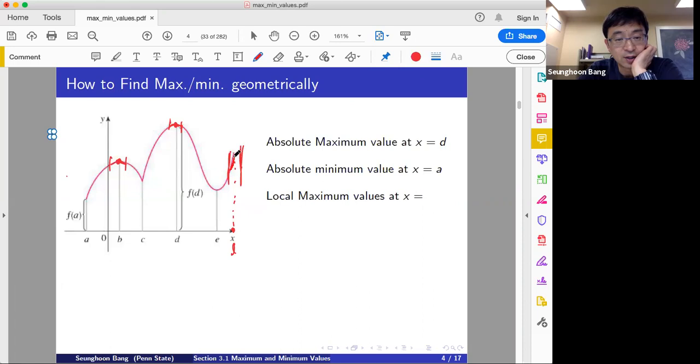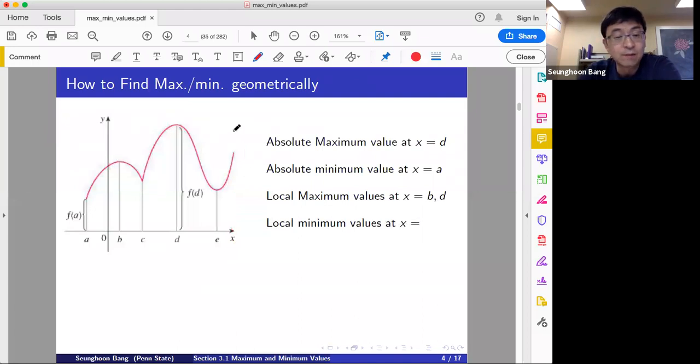This value is the locally highest point on the left-hand side, but on the right-hand side we don't have a function value, so we cannot compare f of L with other function values on the right-hand side. So we don't have a local maximum at endpoints. You have to ignore endpoints, so only B and D.